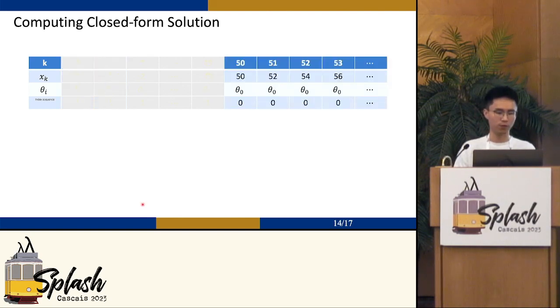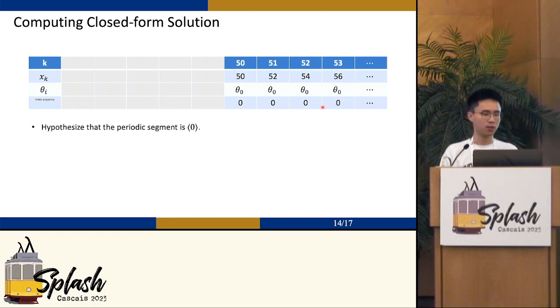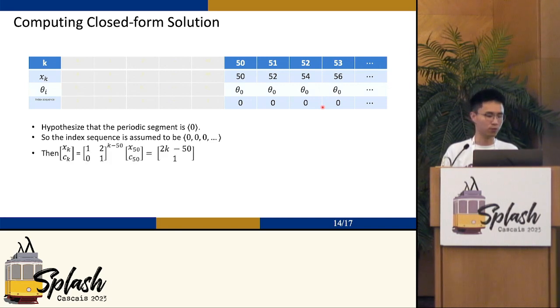For the next iteration, we run it starting from x50 and see that the index sequence is 0, 0, 0. So for now, we assume the periodic segment is 0. That is, the whole index sequence is 0, 0, 0, which means the first matrix should be applied forever. So we can now get another closed form solution.